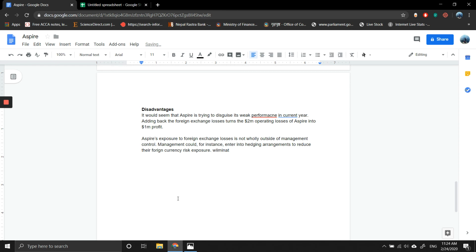Eliminating foreign exchange losses may disguise management activity or management inactivity with regards to foreign exchange risk management, because they are not doing it properly, right? And that's why there is a huge difference.